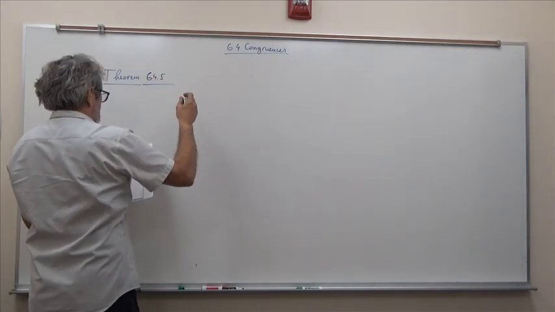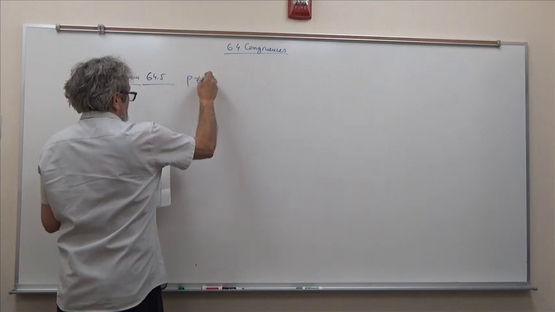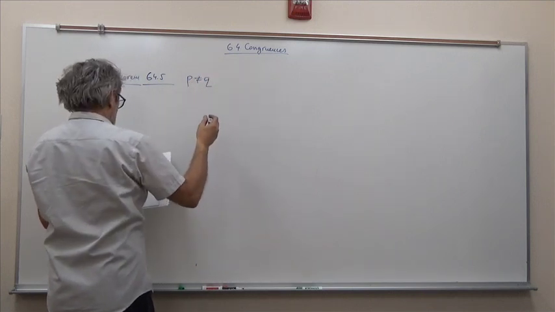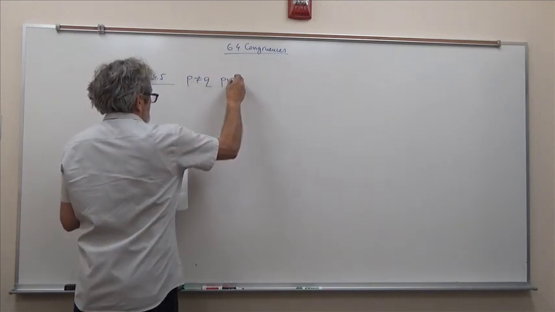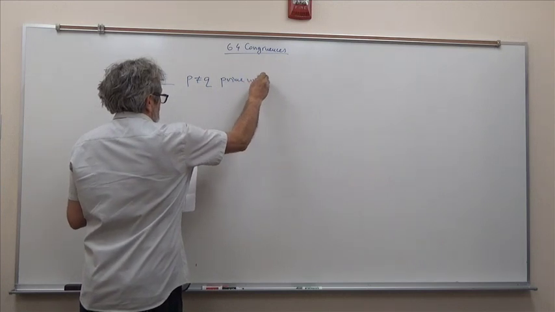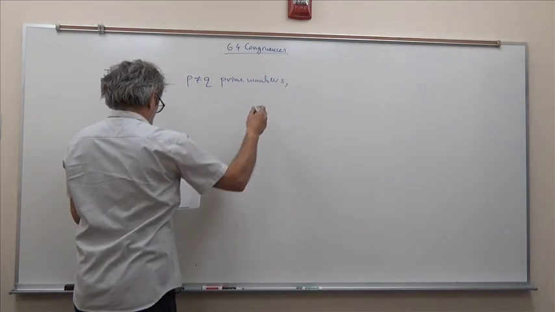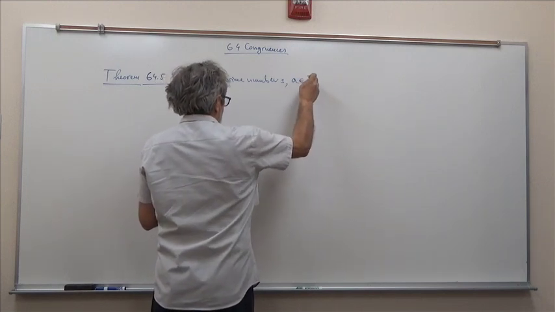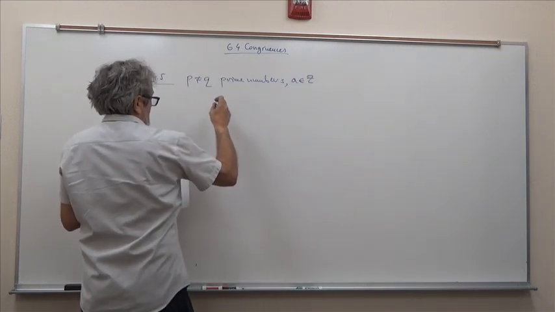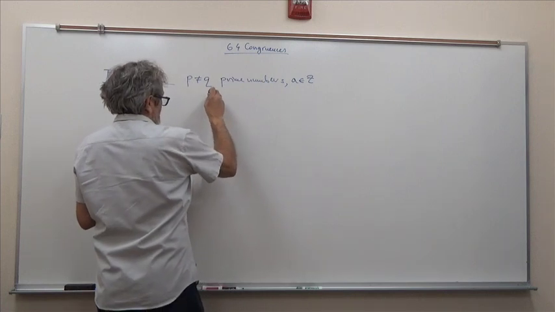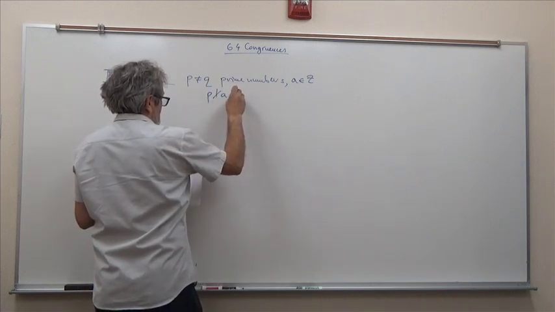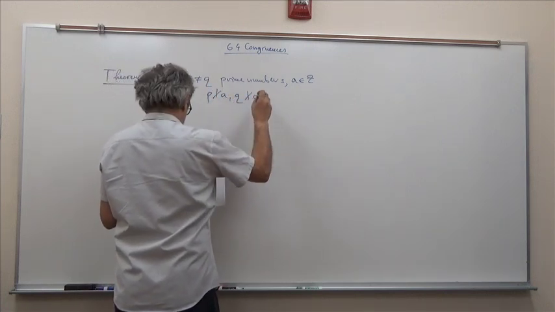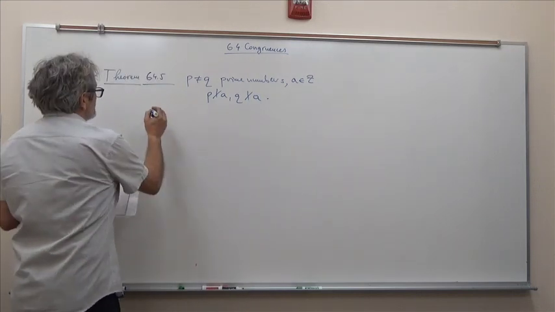Let P and Q be two distinct prime numbers, and let A be an integer, where P does not divide A, and Q does not divide A. Then we have the following.